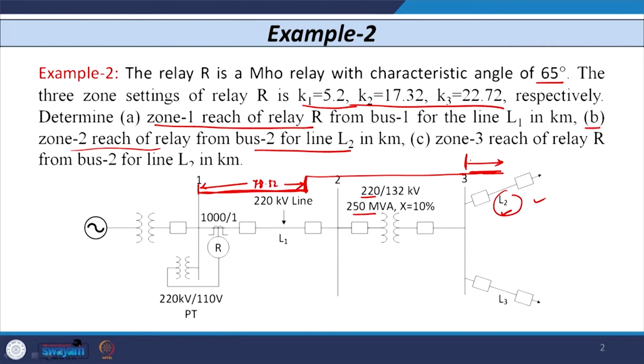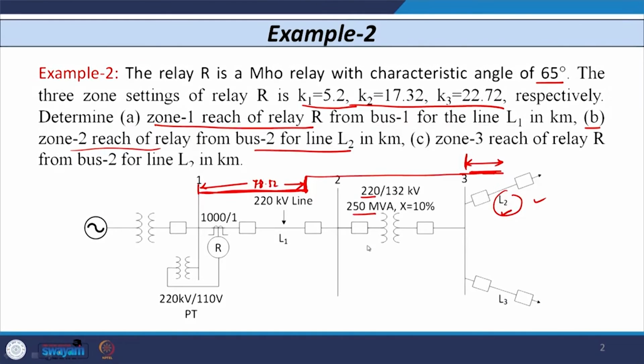This value we need to find out in kilometers. For that, we will take the whole Z2 primary value which we have calculated and subtract from it the entire impedance of line L1, that is ZL1, plus reactance of the transformer, that is ZT.